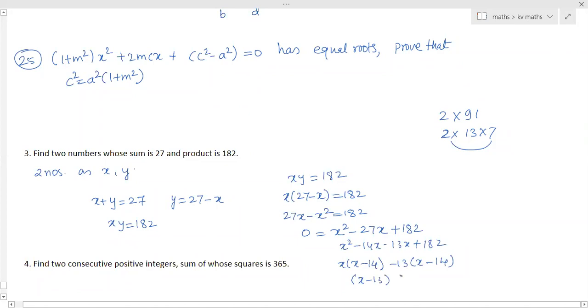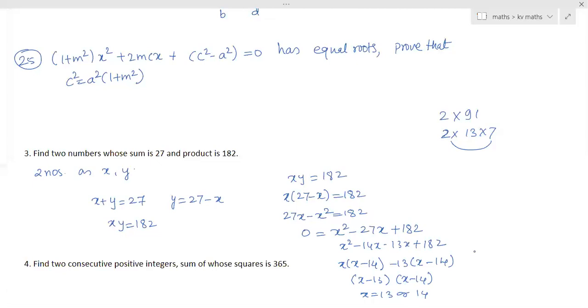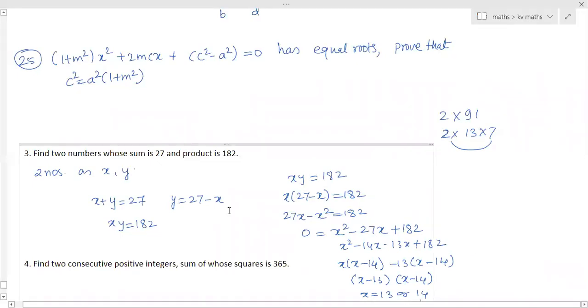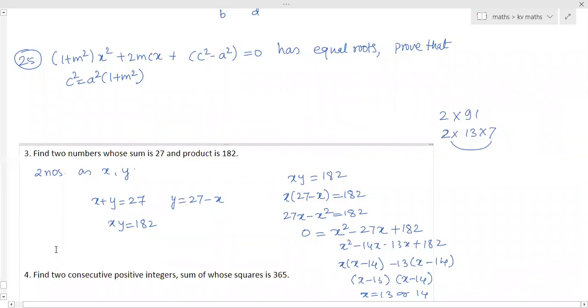So (x minus 13) or (x minus 14). So x is equal to 13 or 14. If one number is 13, the second will be 14. If the first one is 14, the second one will be 13, because anyhow their sum is 27. Is it clear? Yes, ma'am.